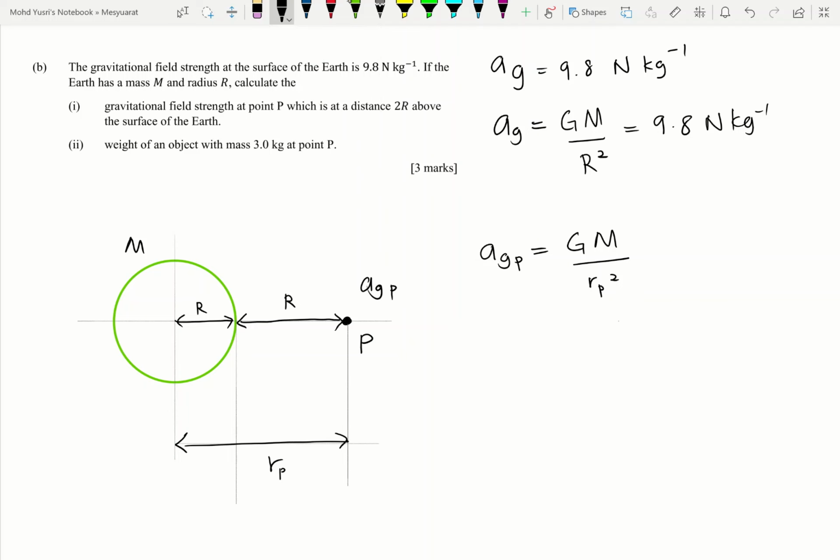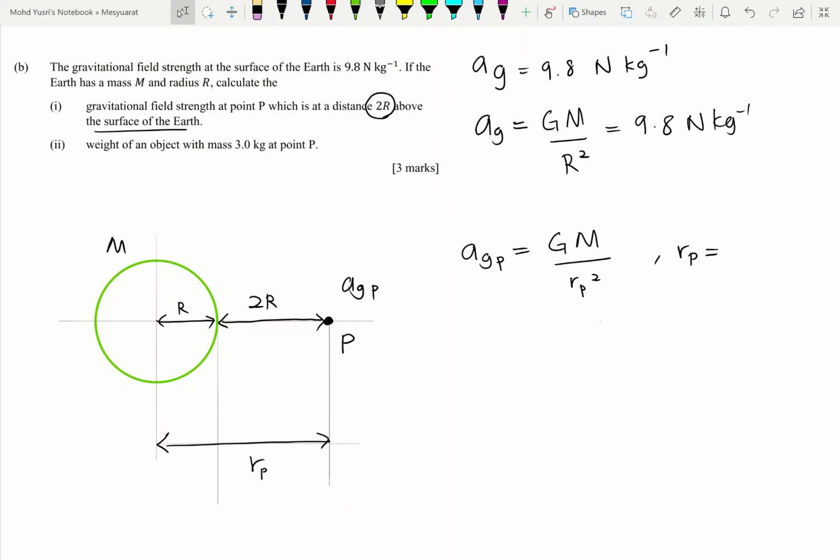Okay, soalan dia kata point P is 2r above the surface of the Earth, so this should be 2r. Okay, now from the diagram we know that Rp, the distance between point P and the center of the Earth, is equals to 3r. We substitute that into our equation. G times m over Rp is 3r square.